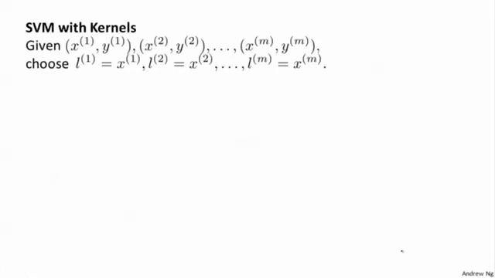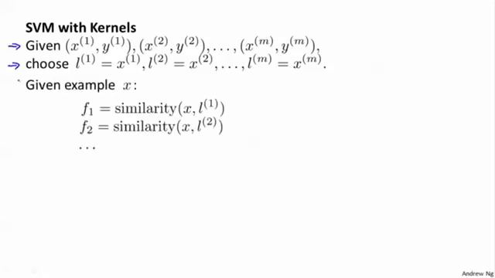So just to write this out a little more concretely, given m training examples, I'm going to choose the locations of my landmarks to be exactly the locations of my m training examples. When you're given an example X, and this example X can be something in the training set, the cross-validation set, or the test set, I'm going to compute these features F1, F2, and so on, where L1 is actually equal to x1, and so on.